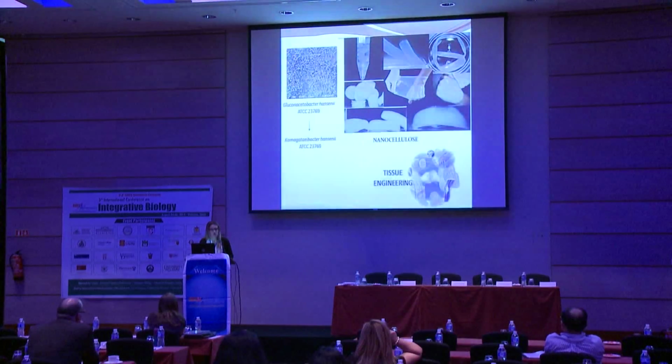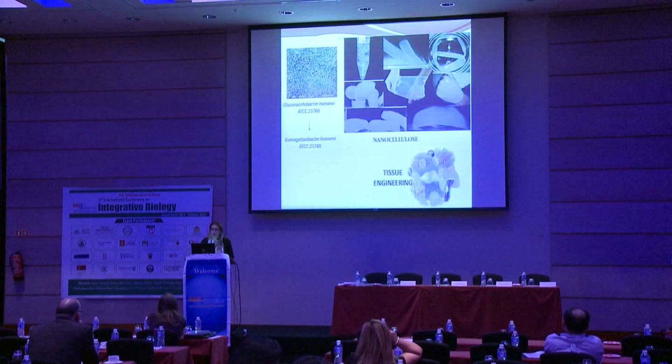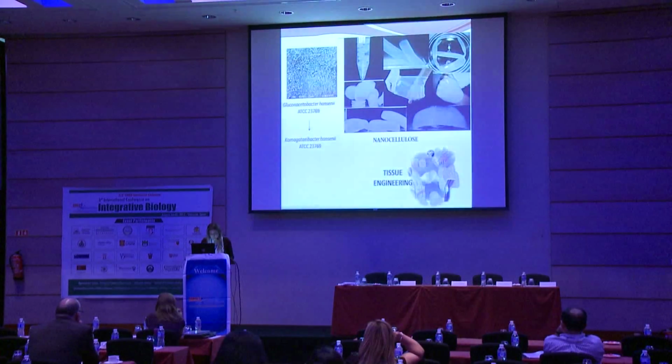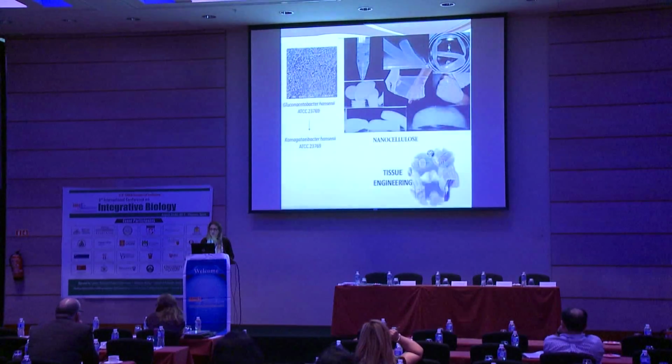My interest is to understand bacterial cellulose synthesis, and it's synthesized by this bacterium, Gluconacetobacter hansenii ATCC 23769, newly proposed as Komagataeibacter hansenii. The bacterium is gram-negative, and we can produce different scaffolds with it.